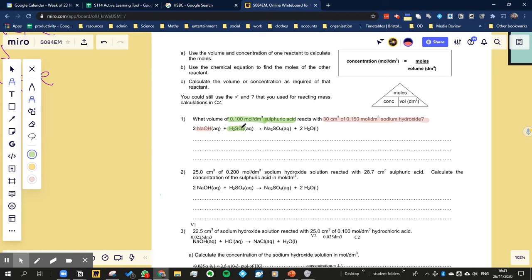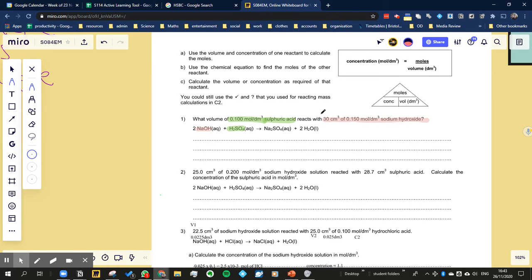In the same way as before, you're looking at the ratio. So for every 2 moles of sodium hydroxide, you would need 1 mole of sulfuric acid. And we know the volume of sodium hydroxide, and we know the concentration. So the first thing we want to do is work out how many moles of sodium hydroxide we have.